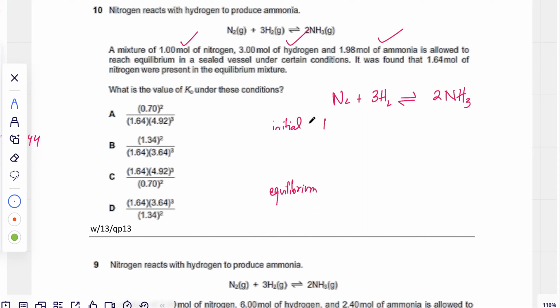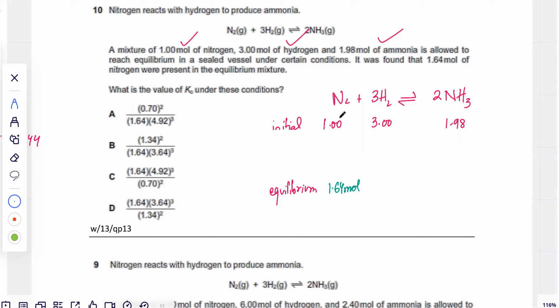They are mixed in a container, and they're all going to react with each other. And when they start reacting, it was found that once equilibrium was reached, 1.64 moles of nitrogen were present. So at equilibrium, you've got 1.64 moles of N2 in the equilibrium mixture.